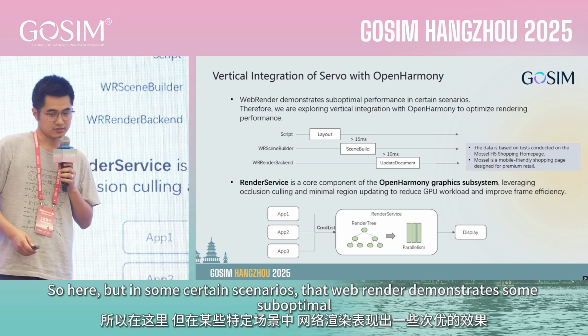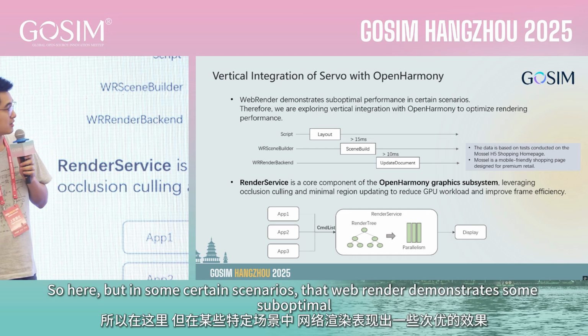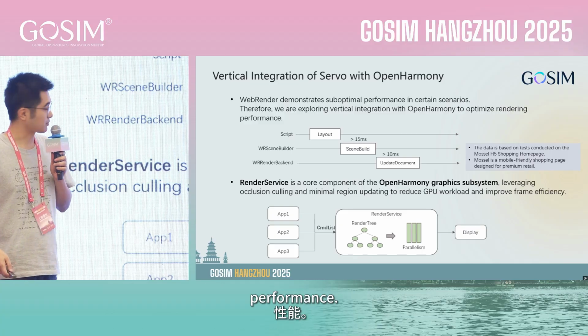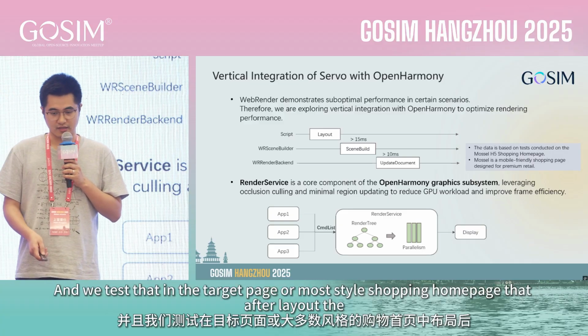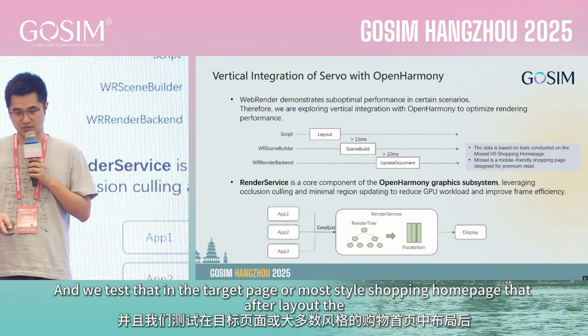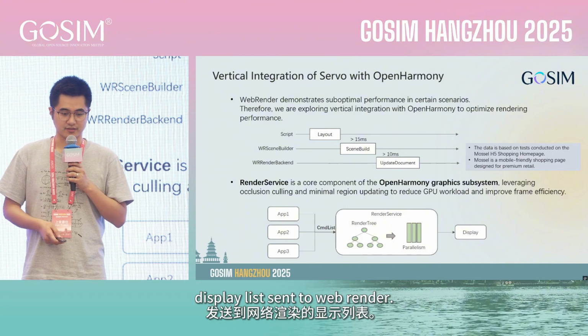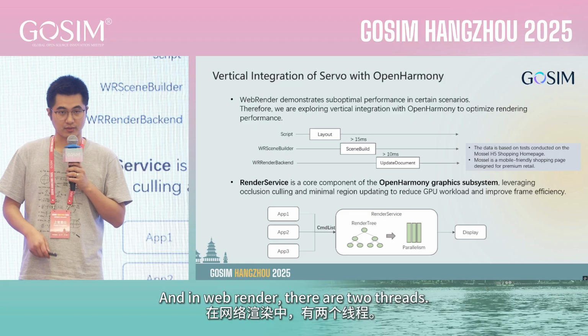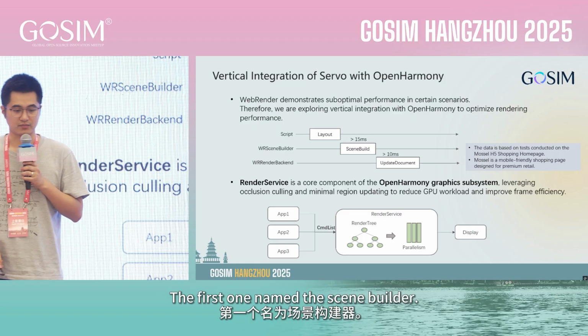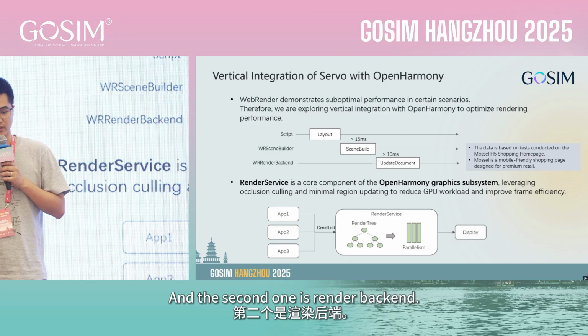But in certain scenarios WebRender demonstrates suboptimal performance, and we tested that on a target page, a mobile shopping homepage. After layout, the display list is sent to WebRender, where there are two threads. The first is named SceneBuilder, and the second is the render backend.